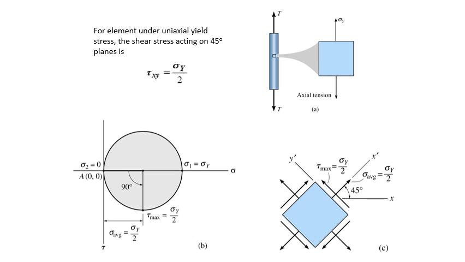For an element under uniaxial yield stress, sigma yield, the shear stress is at 45 degrees and the maximum shear stress is sigma yield over 2. That is the maximum shear stress under uniaxial loading.